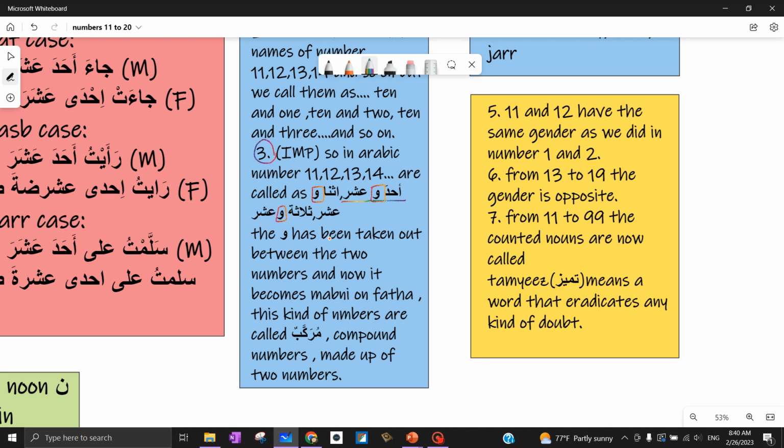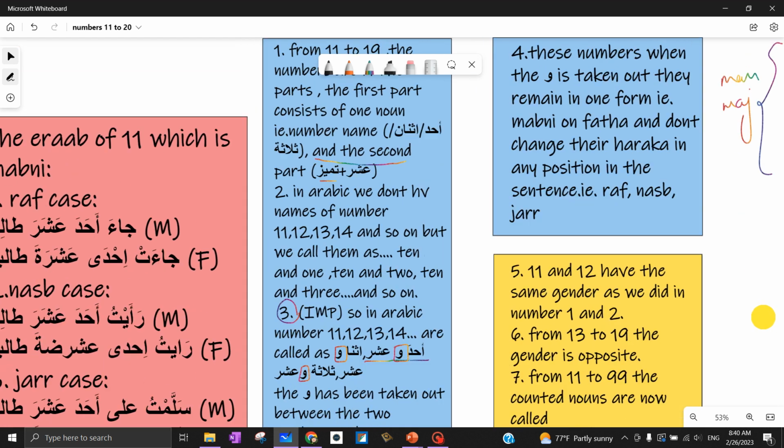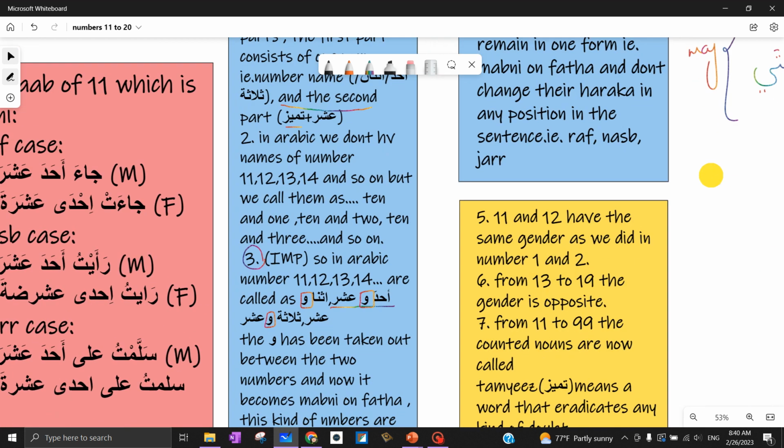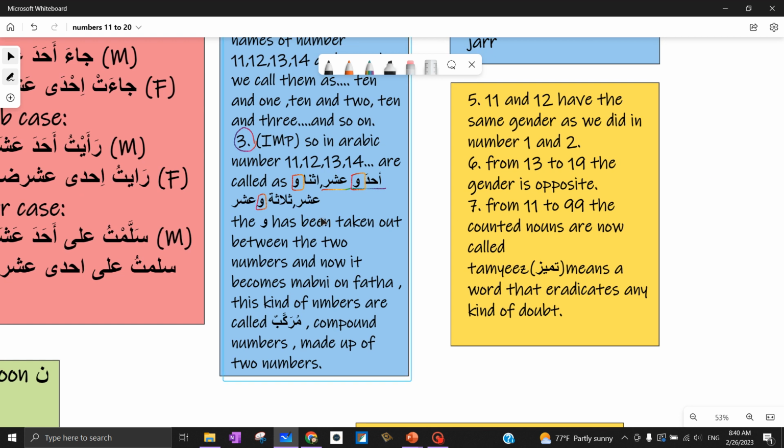This is how we say numbers in Arabic. But what happens? You see here, the number is ahada ashara. Where did the waw go? Let's see where the waw goes. Here the waw has been taken out between the two numbers and now it becomes mabni on fatha.